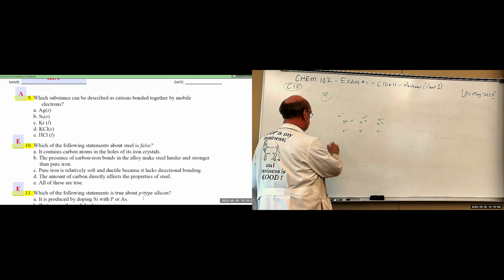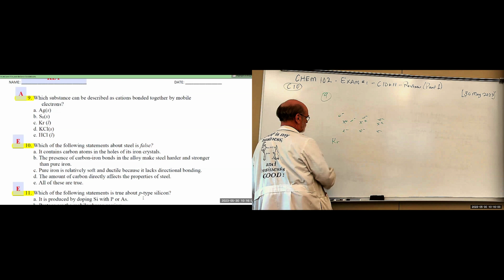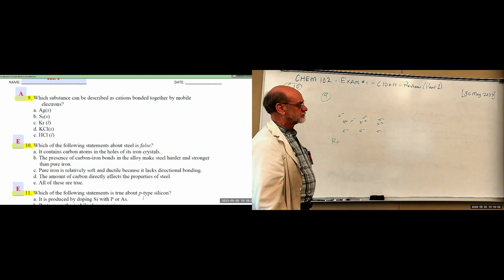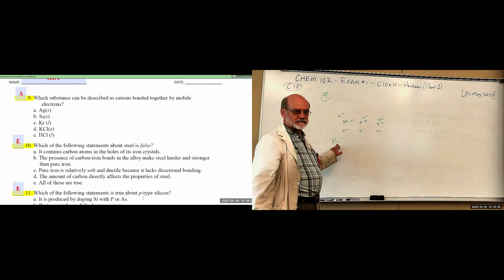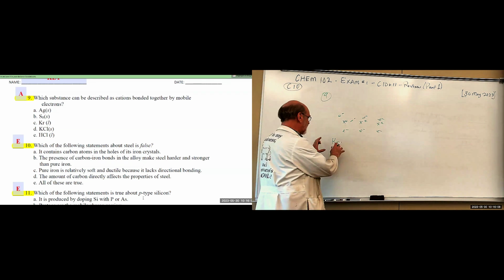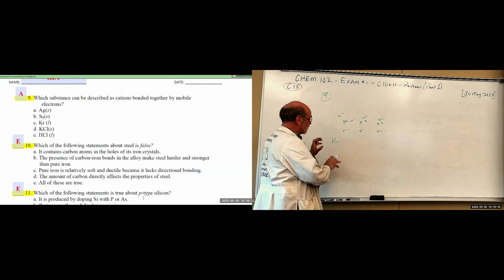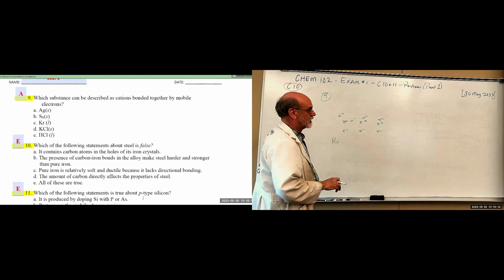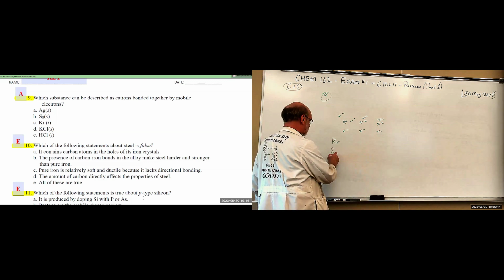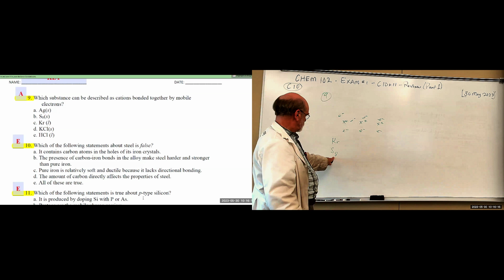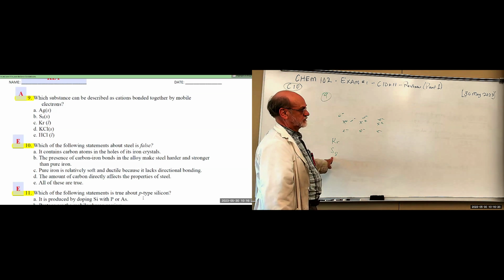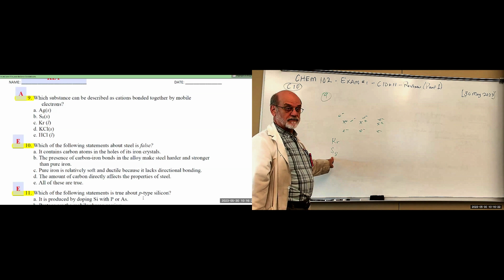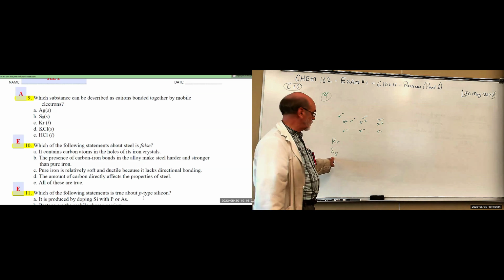Well, it's not going to be krypton, because this doesn't form cations. Right? This is a complete atom, and its electrons are bound tightly to the atom. It's not octasulfur, right? Because that's a molecular compound. It doesn't form cations.